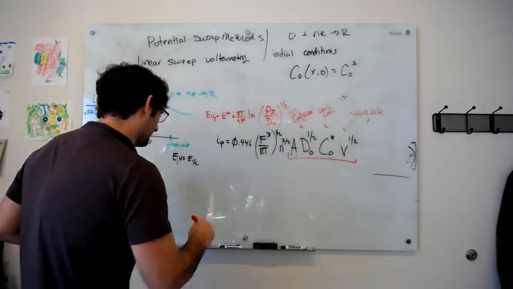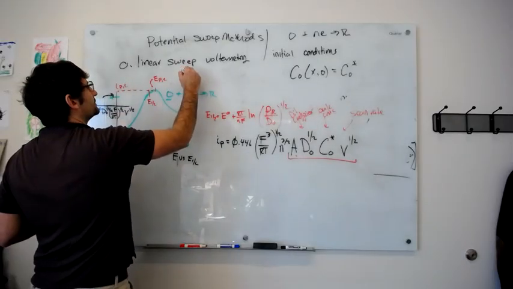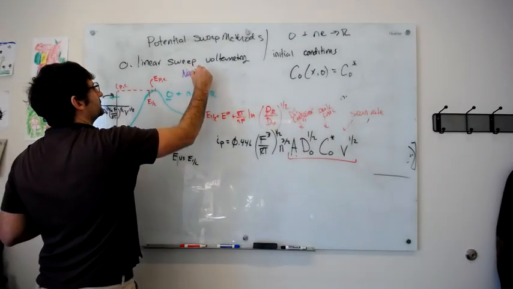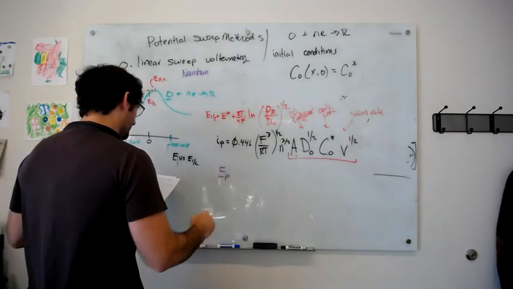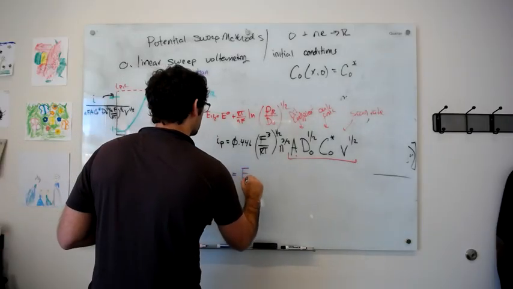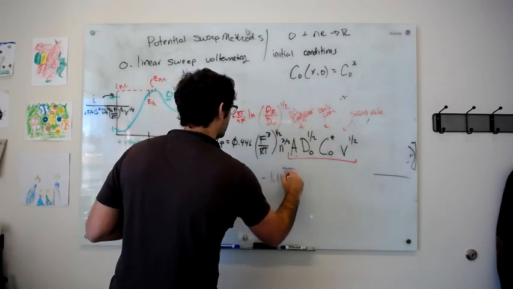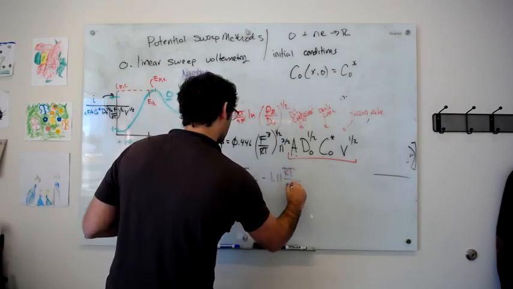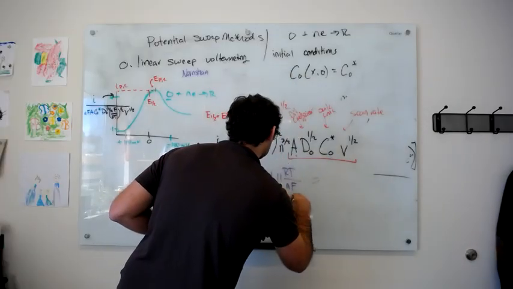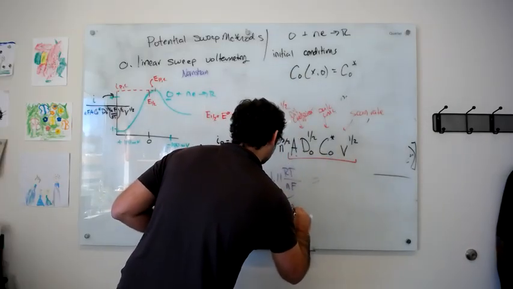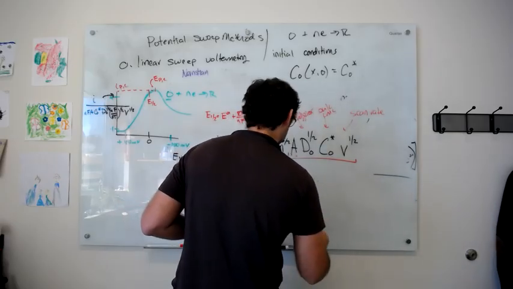And we can find the peak potential. This is a Nernstian system, remember? This is Nernstian, which means the kinetics are fast. We can find the peak potential, and that's equal to E1/2 minus 1.11 RT over nF, or, well, this term is about 28.5 millivolts over n.